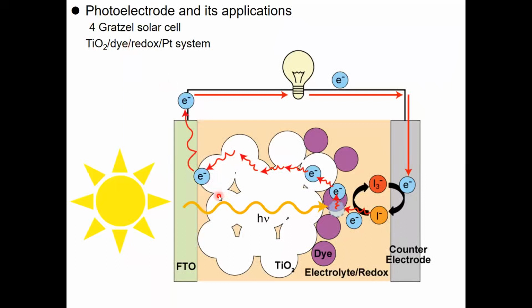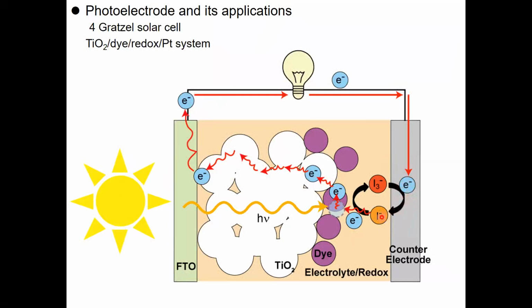So this is called a Gratzel cell, made of the TiO2 and the dye molecules, redox species, and counter electrode part. So what could happen here is light is illuminated, and then these dyes are used for light absorption. After light is absorbed, the excited electron is injected into TiO2, and this electron moves toward the electrode and then comes back to the counter electrode side.